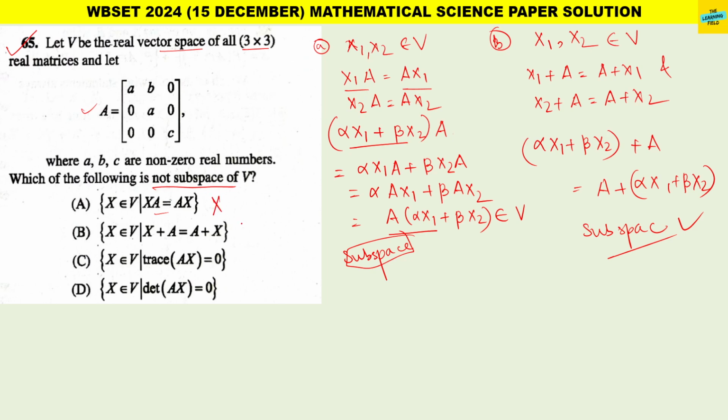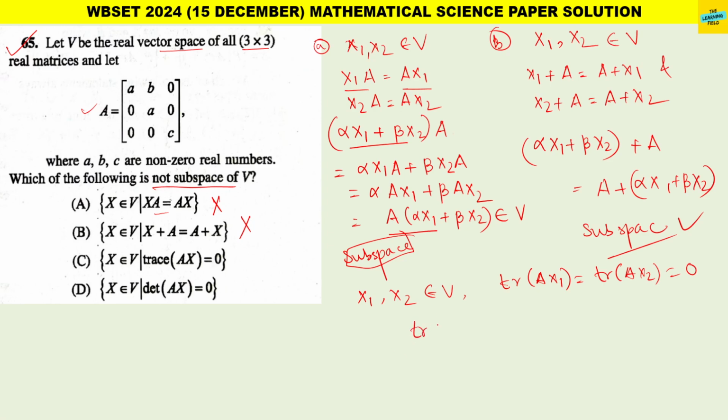Not subspace, this is wrong. These two both are subspaces. Now we check the trace. Suppose x1, x2 belong to the set, so that means trace of A x1 equal to trace of A x2, these two are equal to 0.